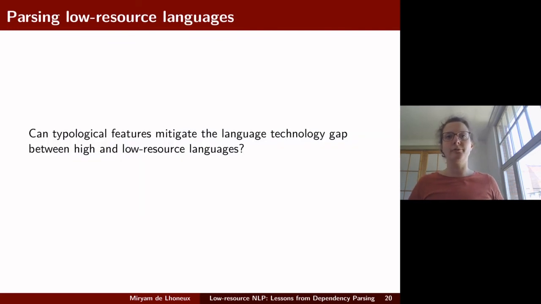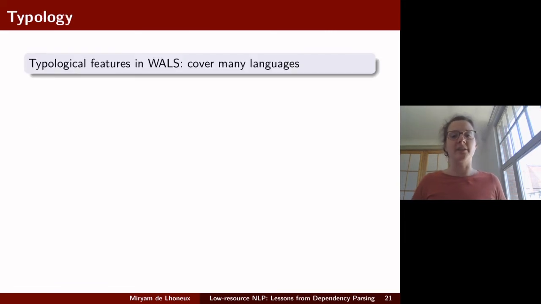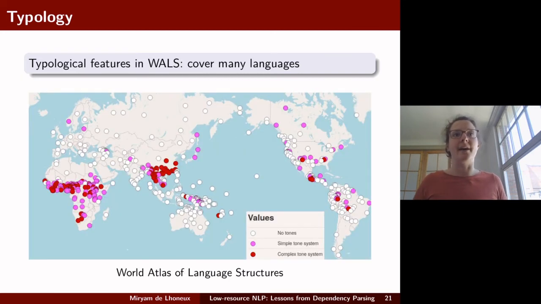Now I would like to move to the question that I mentioned in the beginning of the talk: can typological features mitigate the language technology gap between high and low resource languages? I'm probably preaching to the choir in this workshop, but we all know that typological features cover many more languages than the languages we have treebank data for.